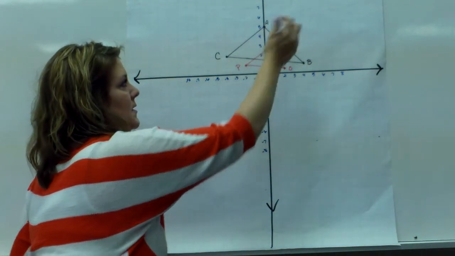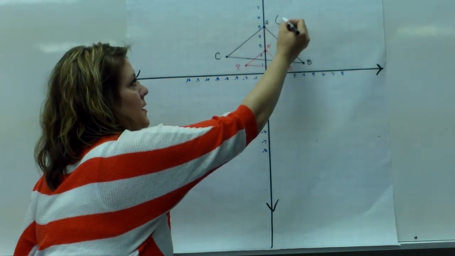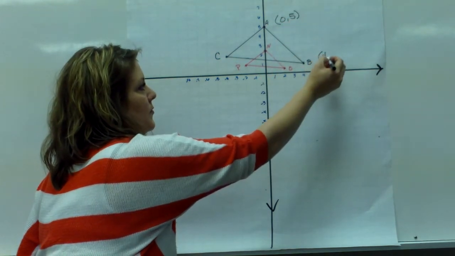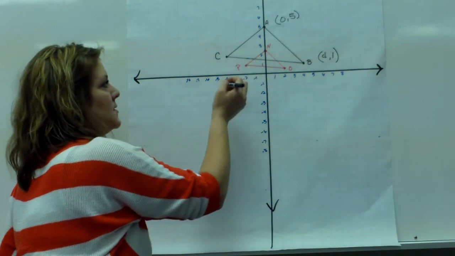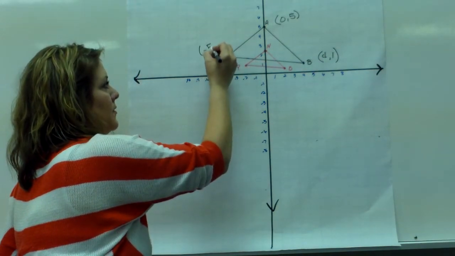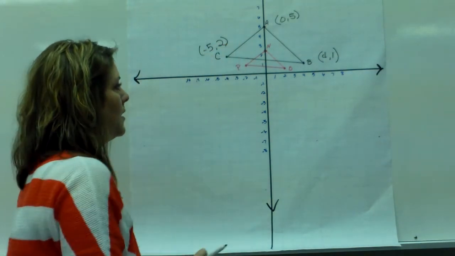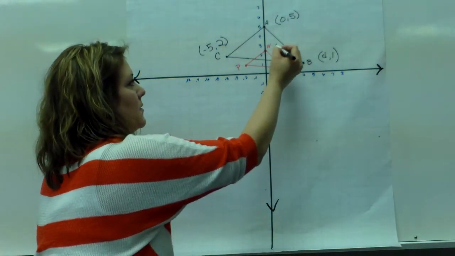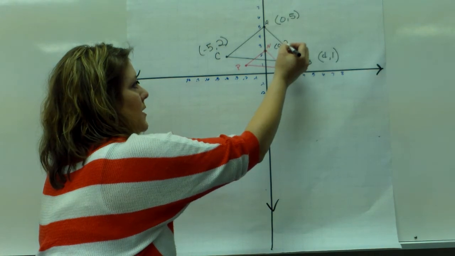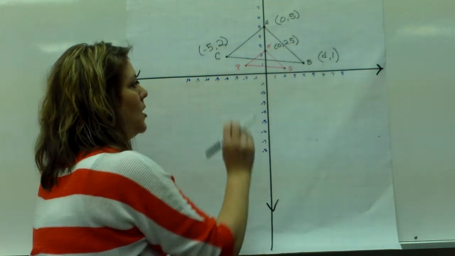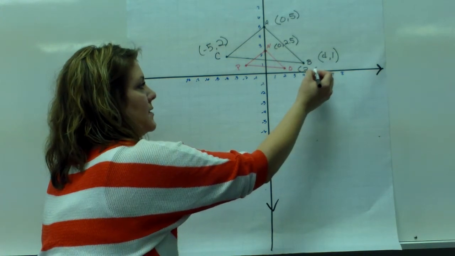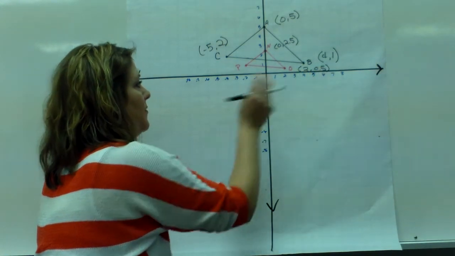A, B, C. A is at (0, 5). B is at (4, 1). C is at (-5, 2). NOP, N is at (0, 2.5). O is at (2, 0.5).